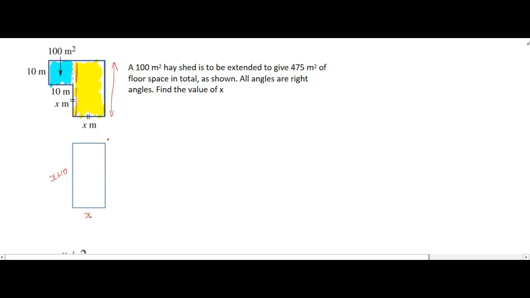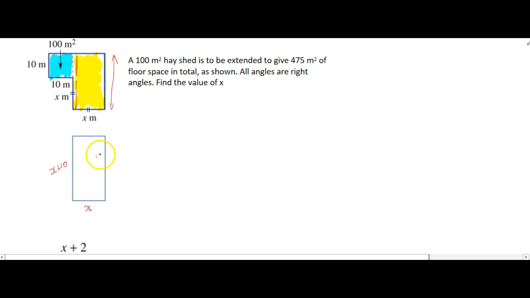The question tells us that the total area of everything, the blue and the yellow bit, has to be 475. We've already got 100, so to work out the area, we're going to go 475 minus 100. So that's going to give us 375.